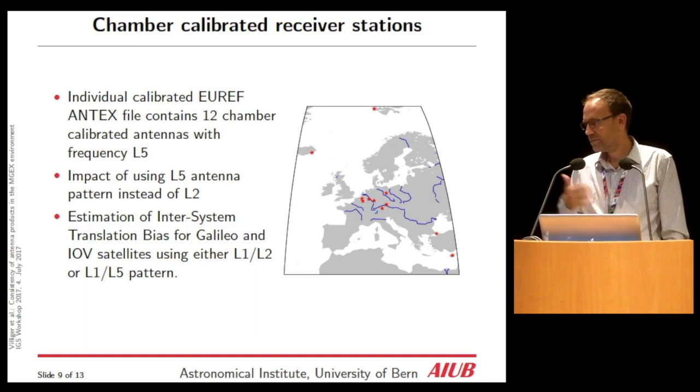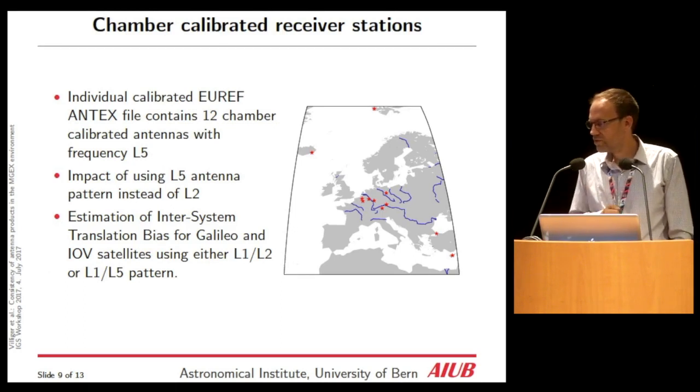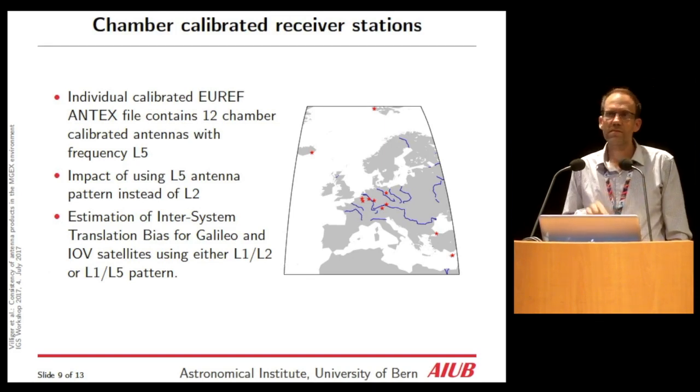Again, I set up inter-system translation biases, and I made two solutions, one using the L1, L2 patterns, and the other using the L1, L5 patterns. For both cases, I always used the pattern from the chamber calibration for these 12 stations.